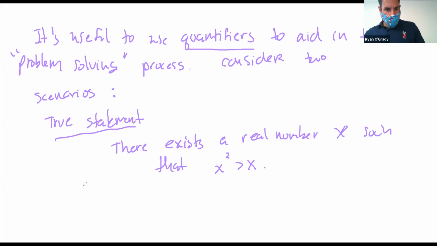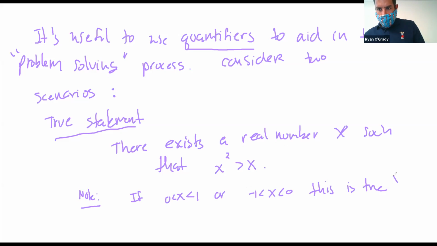So the thing you should note is if x is between 0 and 1, or between -1 and 0, this is true. Now let's look at another sentence that is patently false.